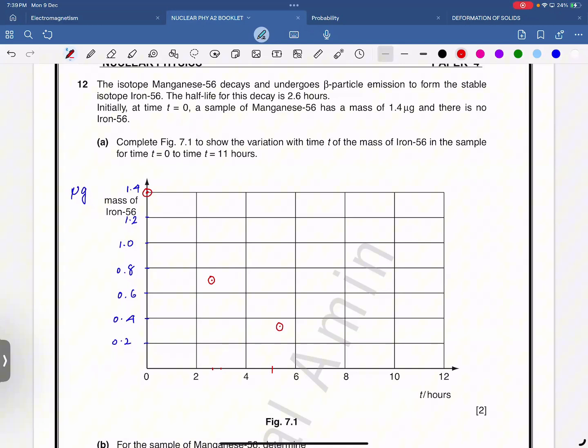2.6 times 3, how much? 7.8. Almost here, yes? And half of 0.35 is 0.175.